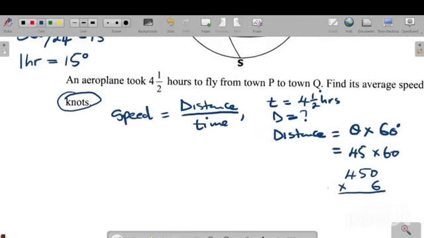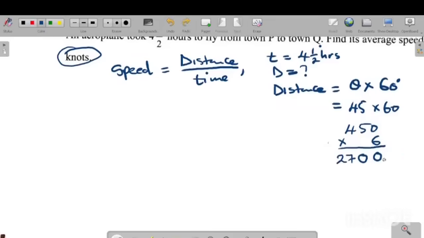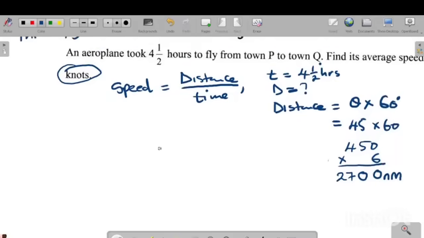Now you're going to say 6 times 0 is 0, 6 times 5 is 30, write 0, carry 3, and 6 times 4 is 24, 24 plus 3 is 27. Okay, so meaning the distance is 2,700 nautical miles. All right, now we can use this distance when finding the speed.